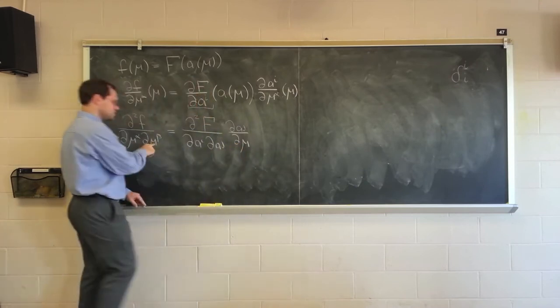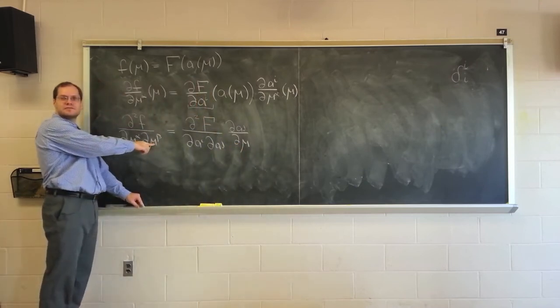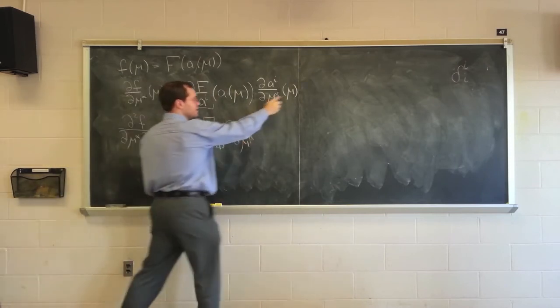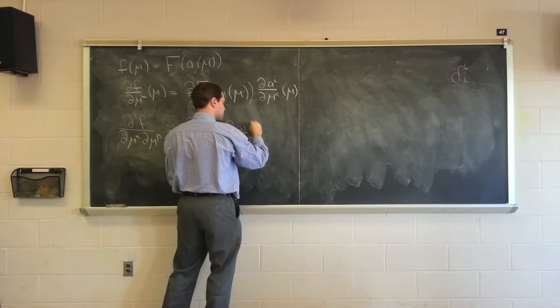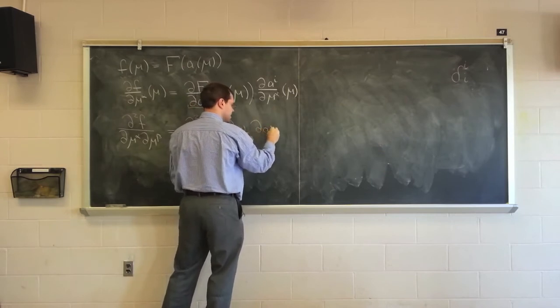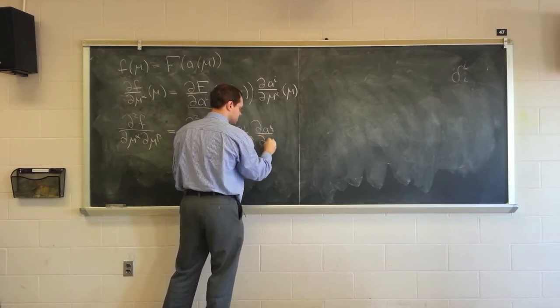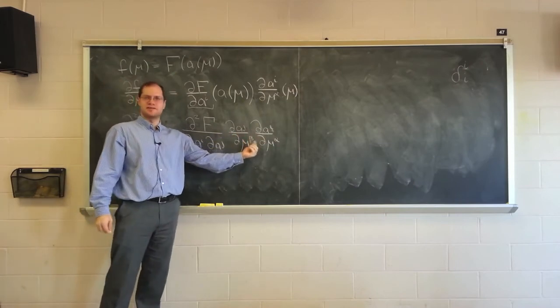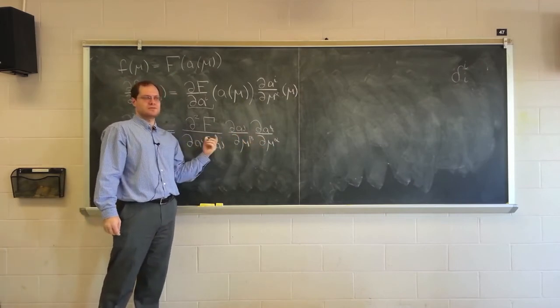Oh, I'm sorry. We're not differentiating with respect to mu alpha, so it's d mu beta. And then this term is unchanged because we're using the product rule. dAi, d mu alpha. If I were doing this, I would maybe rewrite this in alphabetical order, right? The order doesn't matter. These are just numbers.